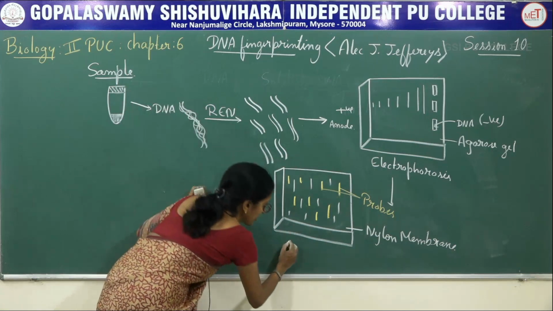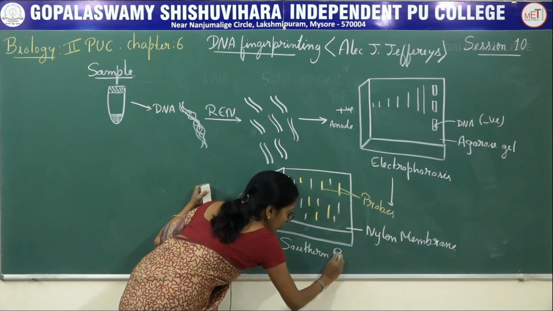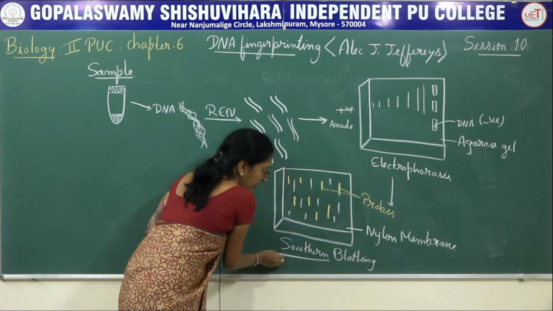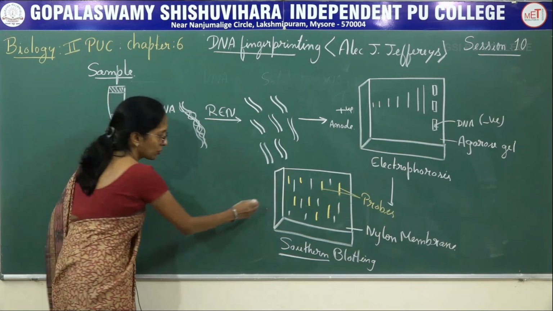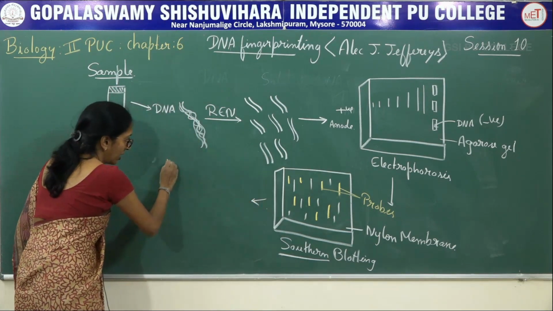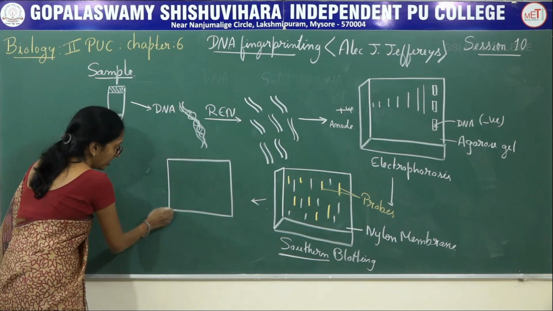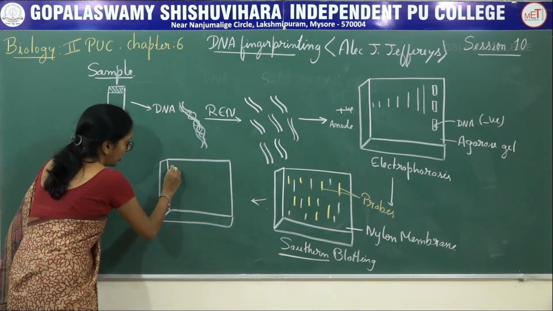This process is said to be Southern blotting. It is named after the scientist who identified it, therefore it is said to be Southern blotting. So this results in hybridization. That means pairing takes place.